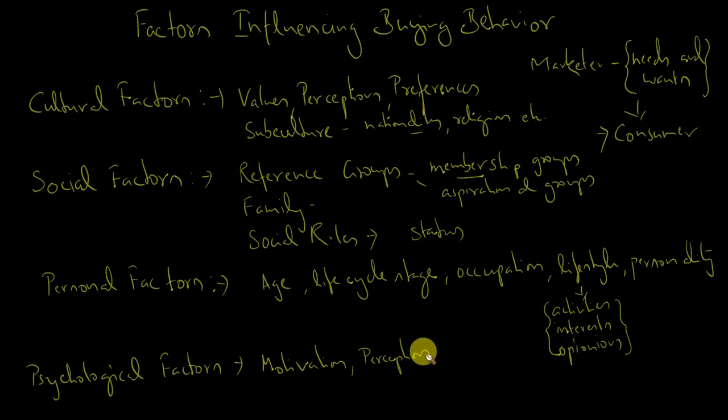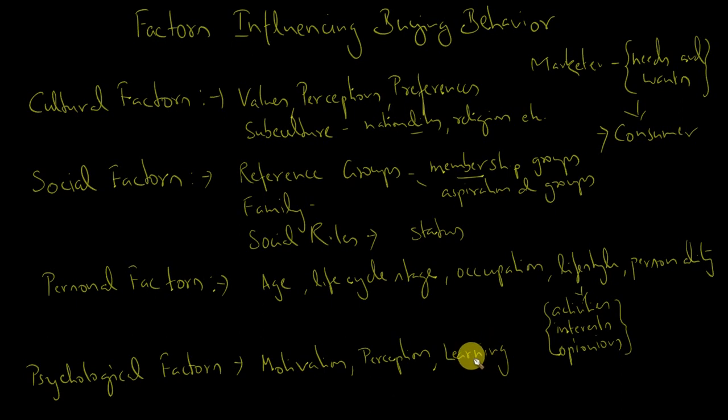Some other psychological factors can be perception. So, for example, how motivated a person is to buy a product can be determined by his or her perception of the situation. Perception is defined as the process by which an individual selects, organizes and interprets information inputs to create a meaningful picture of the world. Some other factors can be learning.